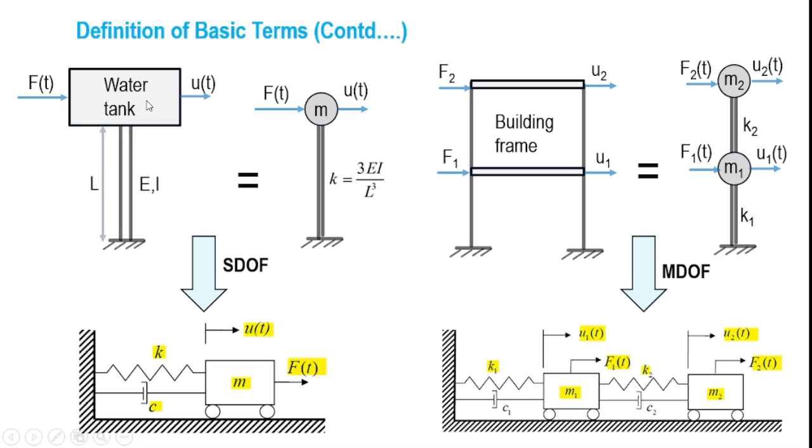As you can see, this water tank is subjected to an F(t), and we would like to obtain its displaced position u at any time t. So here I have represented the response through an SDOF model, wherein in an SDOF model, obviously we need to specify three elements.